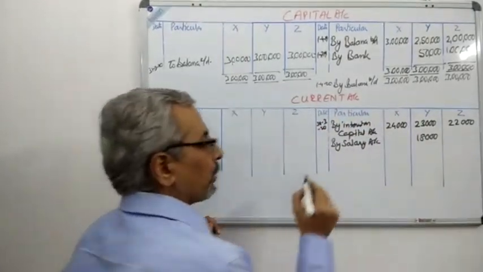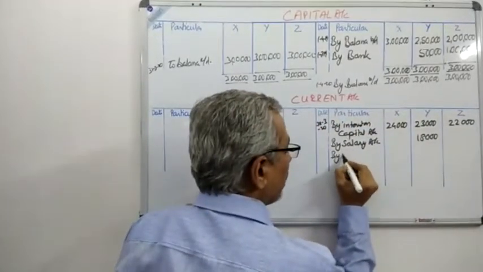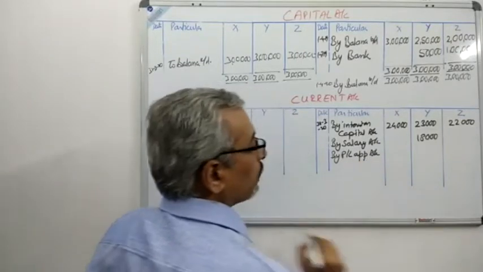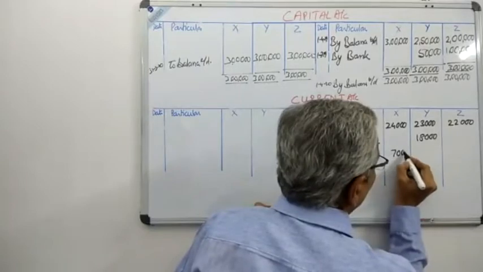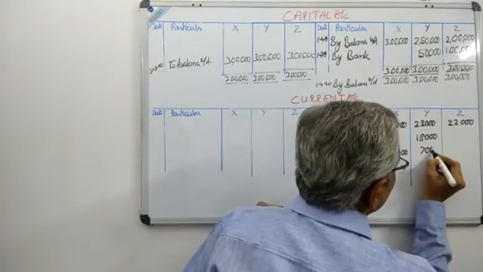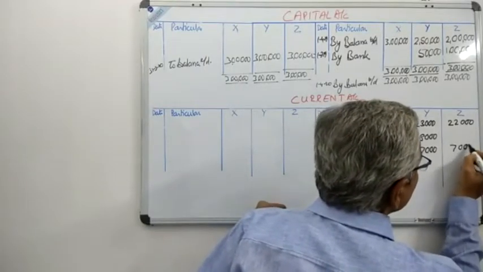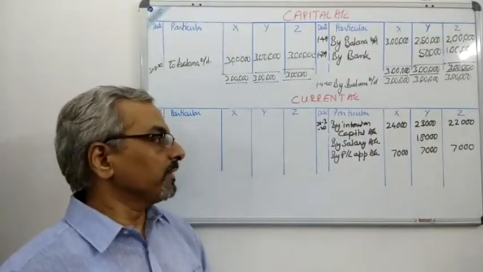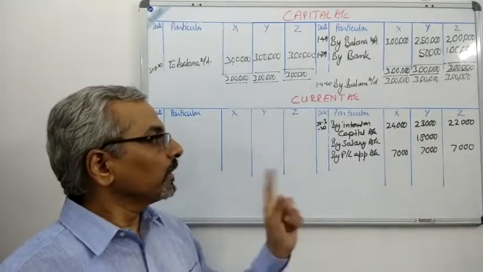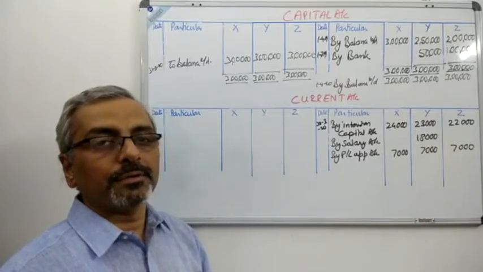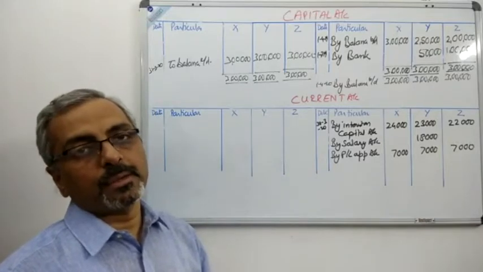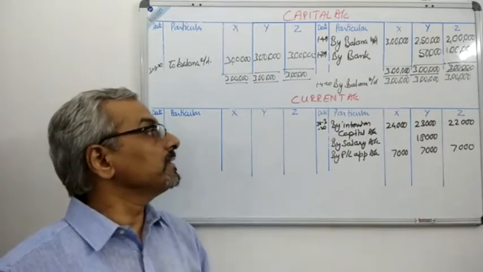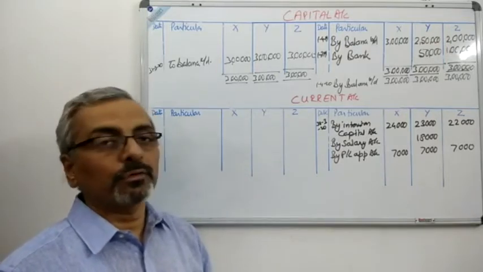And the share of profit, that is by profit and loss appropriation account, and if you remember, the profit was 21,000, and since no profit sharing ratio was given, the profit will be distributed in equal ratio, 7,000, 7,000, 7,000. This concludes the entries which are there in the debit side of the profit and loss appropriation account. We have transferred these entries in the credit side of the current account.